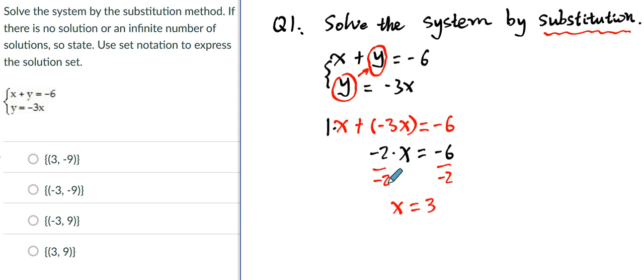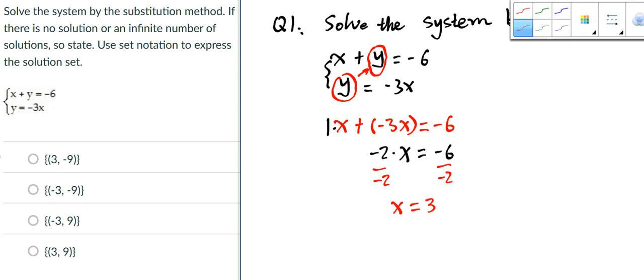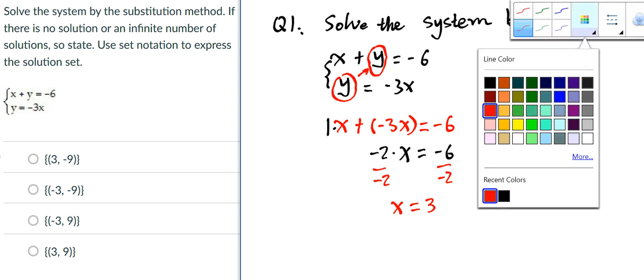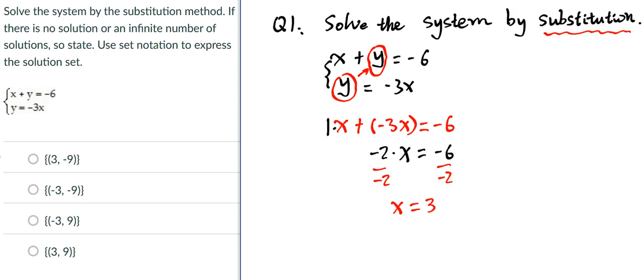-2 divided by -2 is 1. Again, 1 times x is x. -6 divided by -2 is +3. Now we have x is 3. So we can put this 3 back to this place.